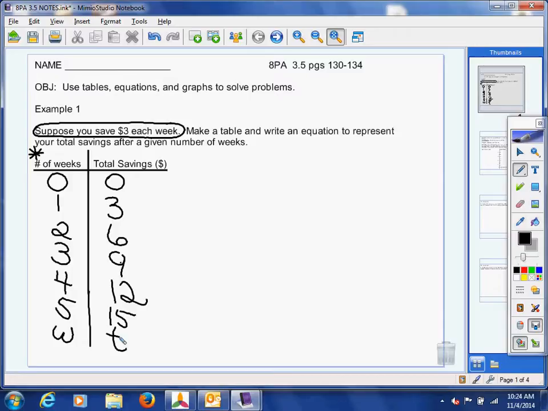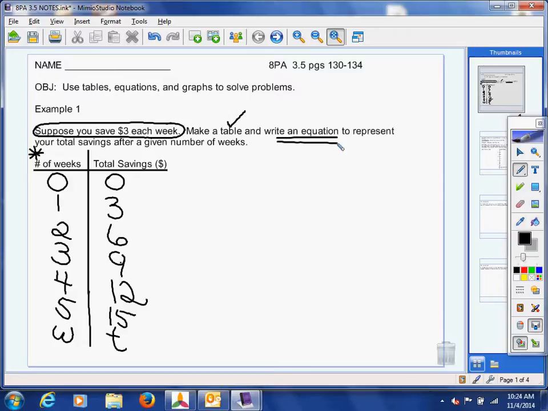Okay, so now we've done this part, we've made our table. You did it with me. Now we're going to do something that is challenging for even the best of math students, and that's writing the equation. Write an equation to represent your total savings. First of all, we want to figure out what is going on.